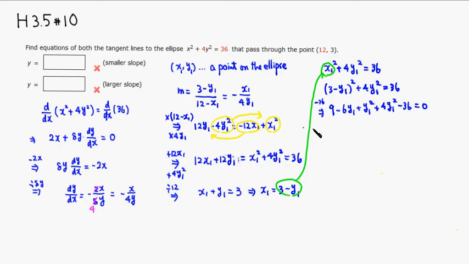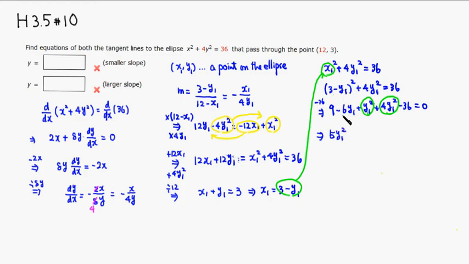If you clean that up, we have y1 squared and 4y1 squared, which will give us 5y1 squared.